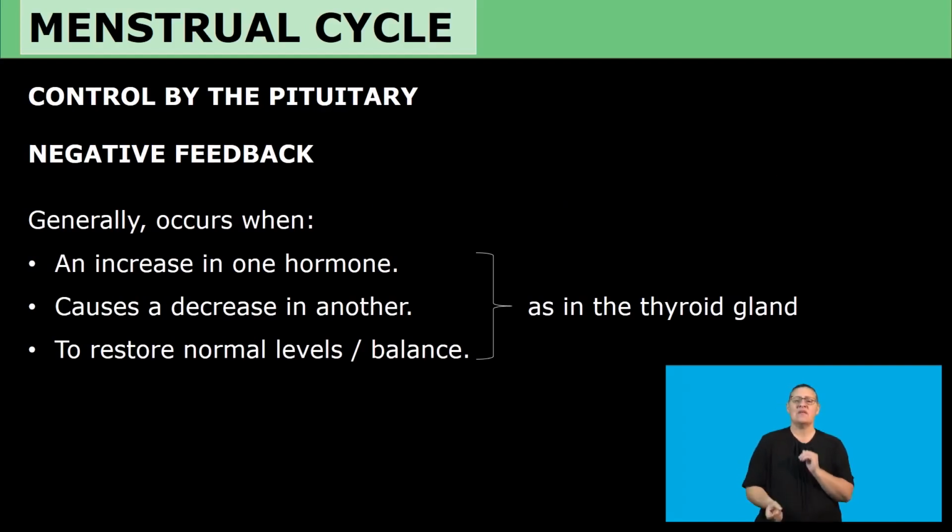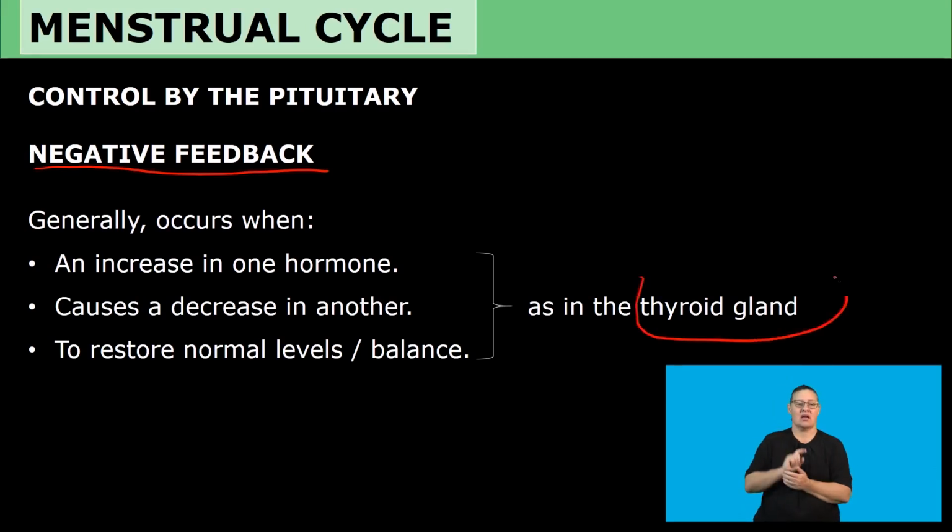Let us speak about negative feedback mechanism. This is also addressed in endocrine system. Hence, we've got the mention of thyroid gland. Thyroid gland is irrelevant to reproduction as a chapter, but the link is the negative feedback mechanism.